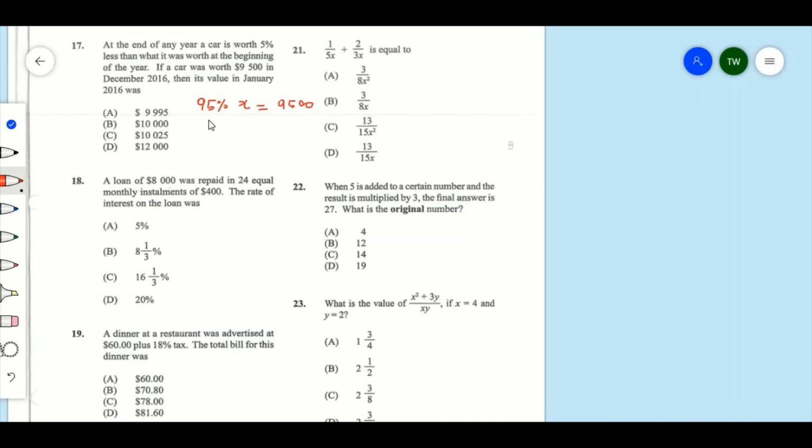Now 95% as a fraction is just 95 over 100, so it's going to be 95 X over 100, which is going to equal 9,500, right?